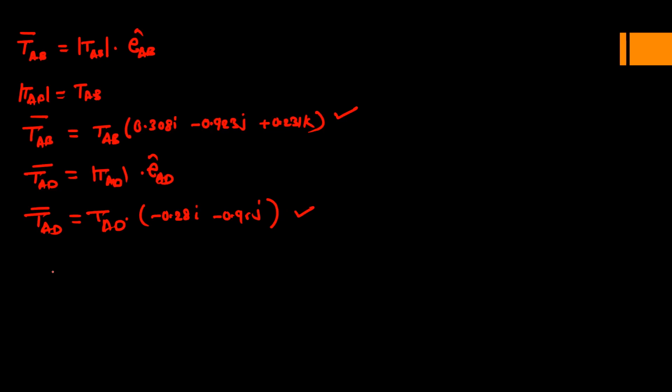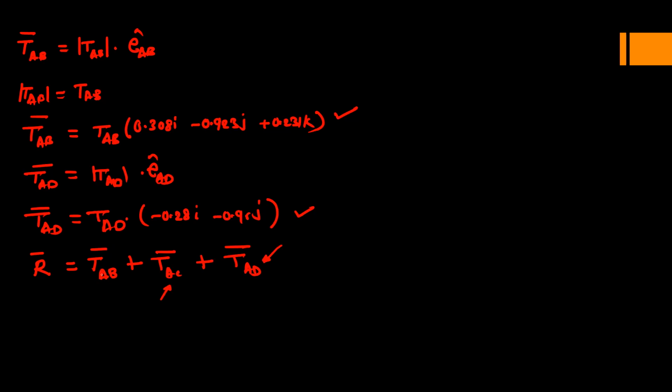Now use the formula for the resultant. The resultant R bar is equal to the sum of three forces: tension AB plus tension AC plus tension AD. Tension AC is a known value.